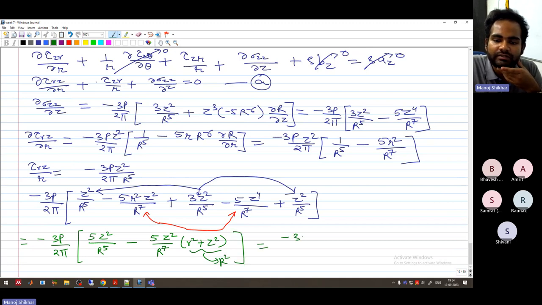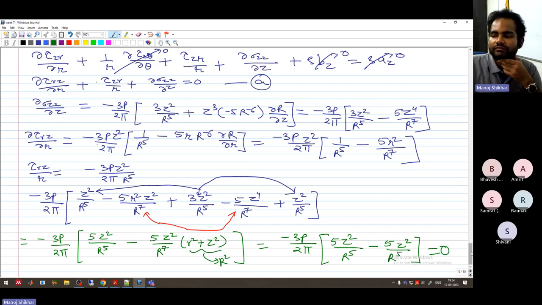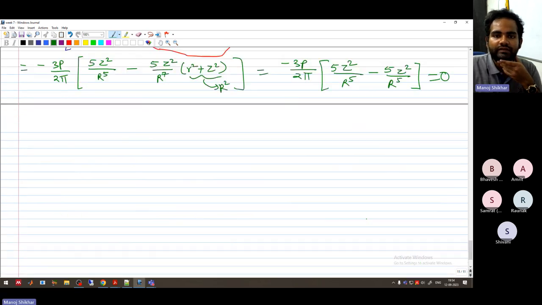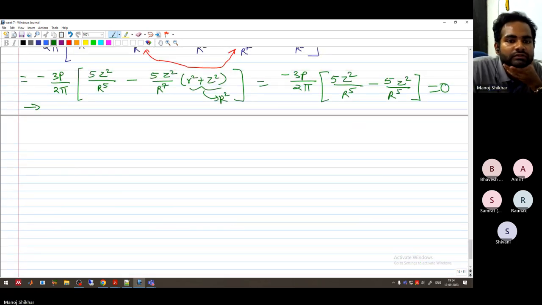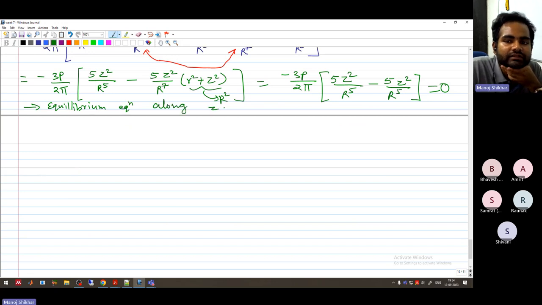So finally we have minus 3p by 2 pi into 5z square upon r to the power 5 minus 5z square upon r to the power 5. So these two cancel and we get 0. So what can we conclude? Equilibrium equation along z direction is getting satisfied.